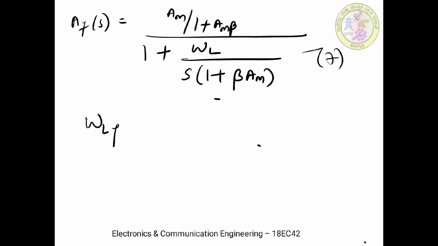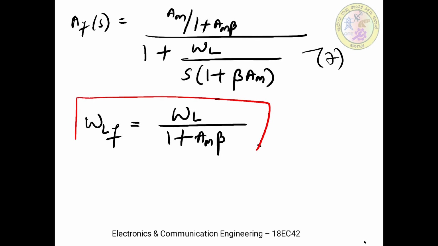So omega LF will be equal to omega L divided by 1 plus Am into beta. Therefore this is going to give us the lower 3 dB frequency with the feedback connection.